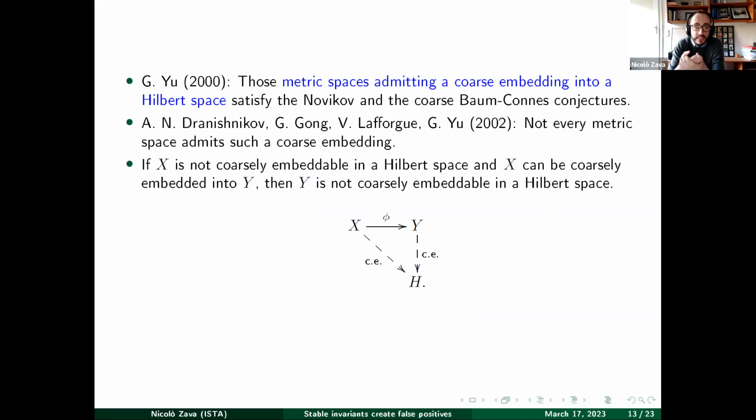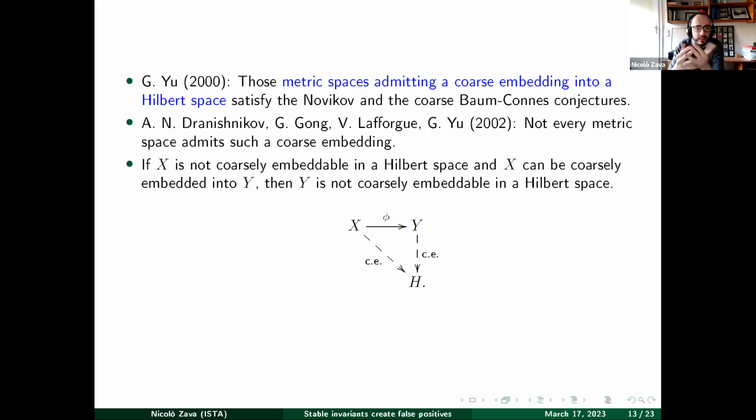So the natural question is, are there metric spaces that do not admit a coarse embedding into a Hilbert space, or is it just a fake hypothesis, I mean, does every metric space satisfy this? Well, the answer is no. Not every metric space admits such a coarse embedding.